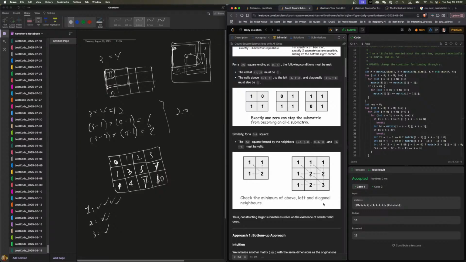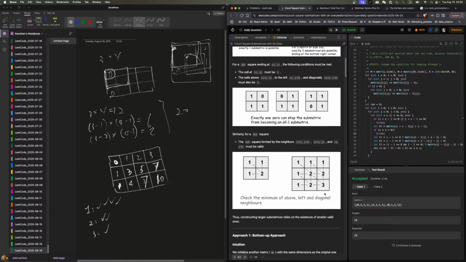Yes, it depends on the existence of smaller valid ones, which means if you have a smaller one that's not valid, right? And then for you, ending at here, you will take the smallest. Because ending at this, what's the total number of squares?